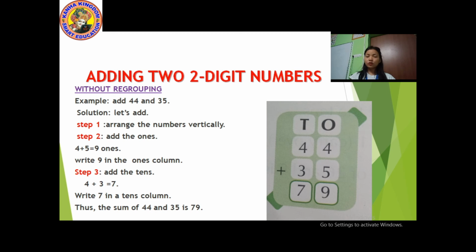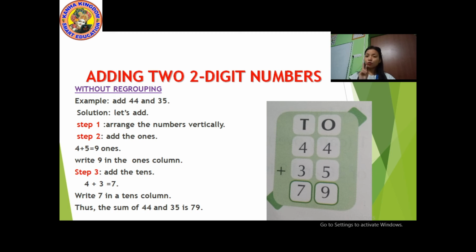Okay, student. So see, we learn adding two-digit numbers without regrouping. To understand this topic, we take one example, that is 44 and 35.